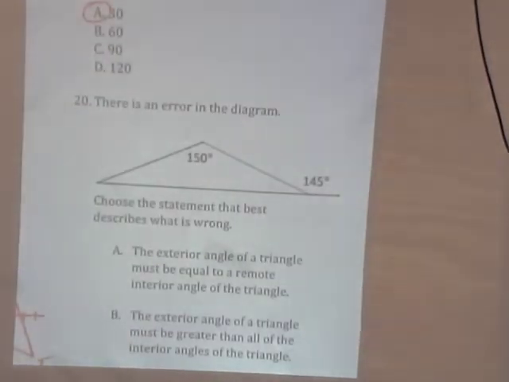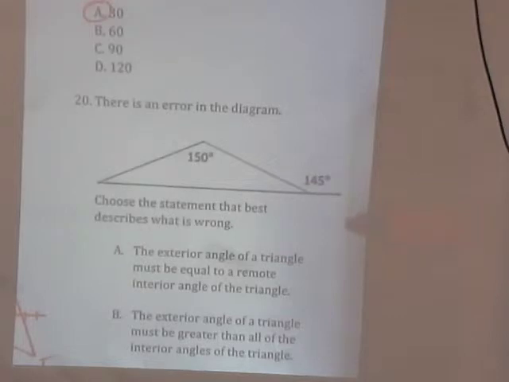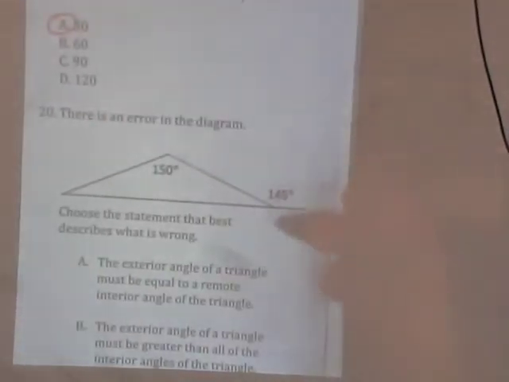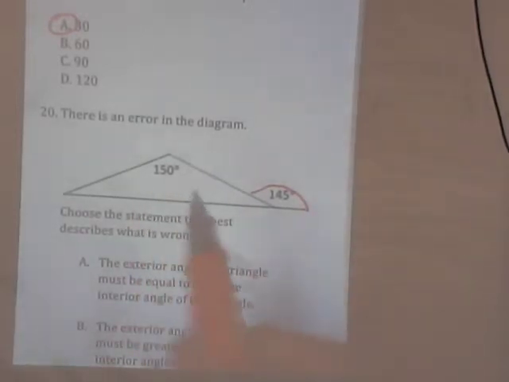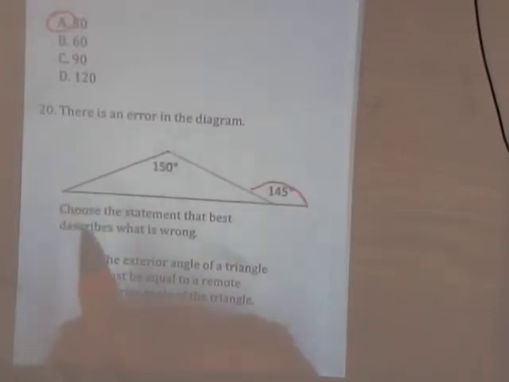So we're at 20. There is an error in the diagram. This is called the exterior angle, right? What do we know about the measure of the exterior angle? That's right. It's equal to the sum of the two opposite interior angles.